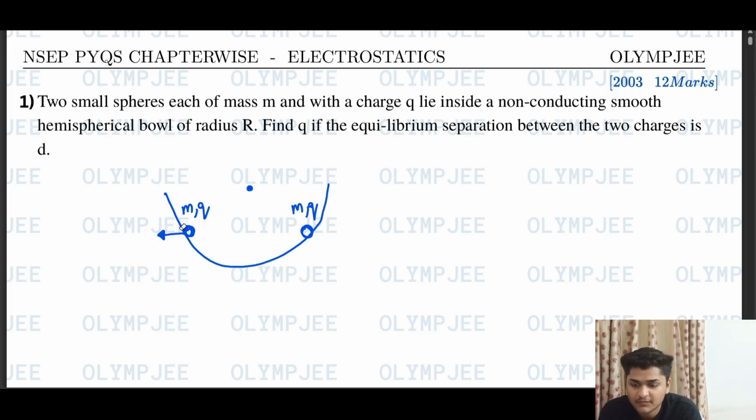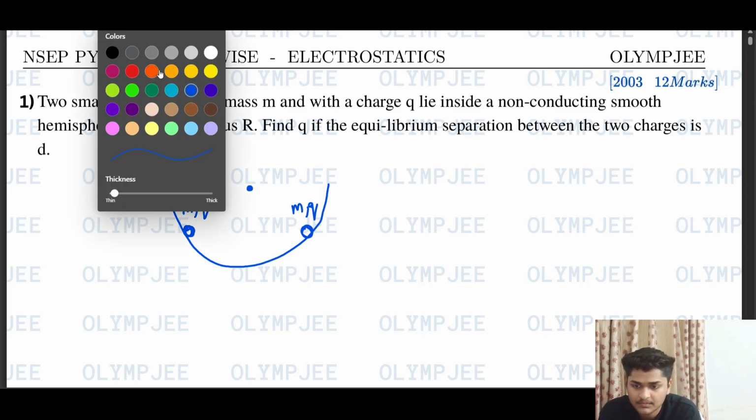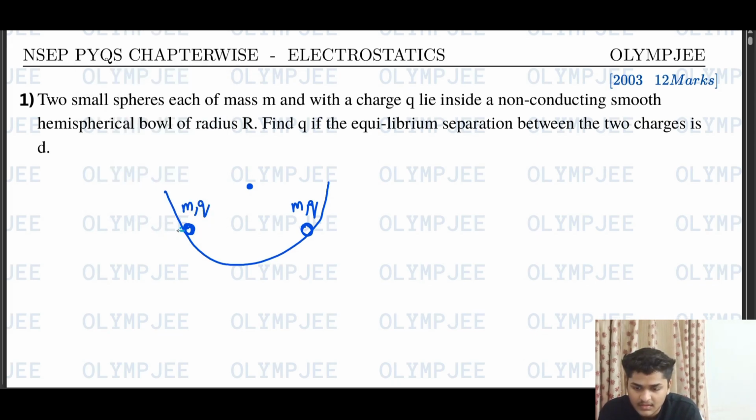So let us draw the forces on each one of them. Electrostatic force will be acting this direction and this direction, and both will have the same magnitude, which is kq square, and separation is d, so d square.